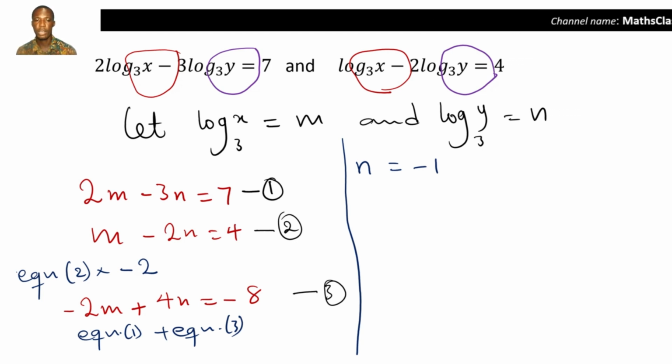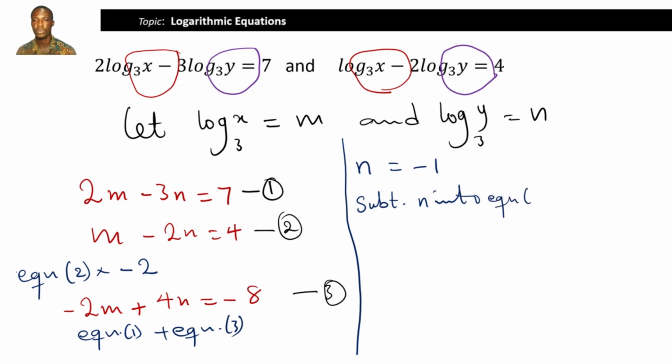And then I will substitute n into equation 2. That will give me m minus 2n, which is -1, is equal to 4.